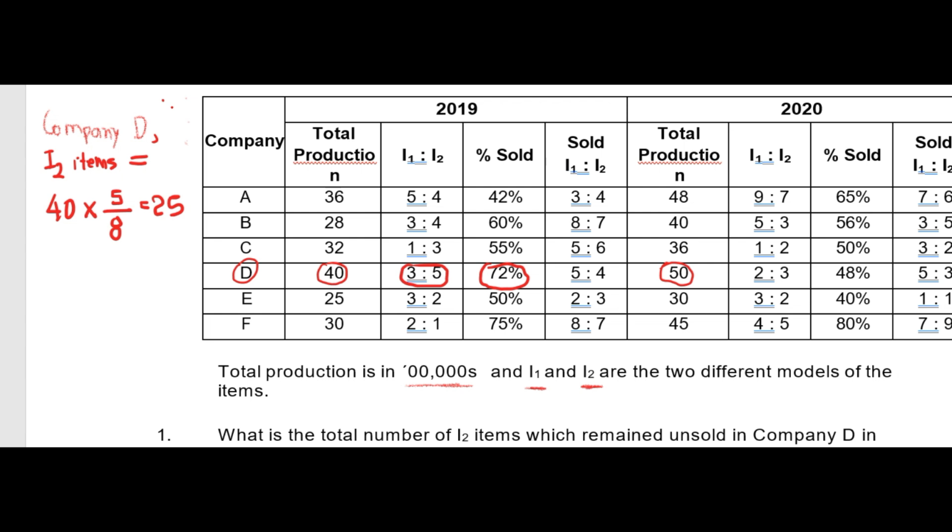So how many I2 items were sold? From the production, I have to see what part of the production is sold.